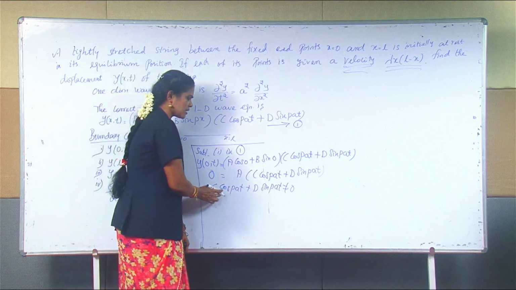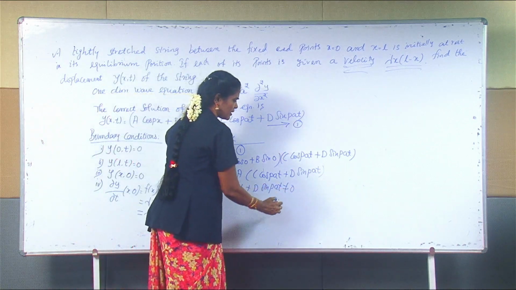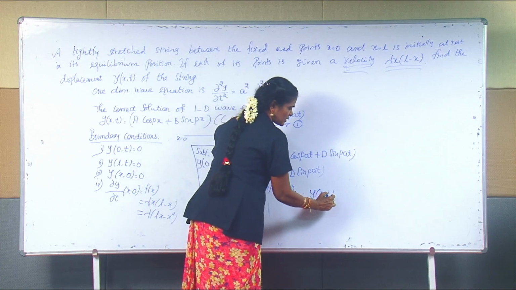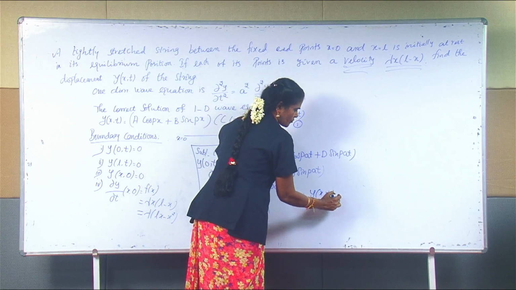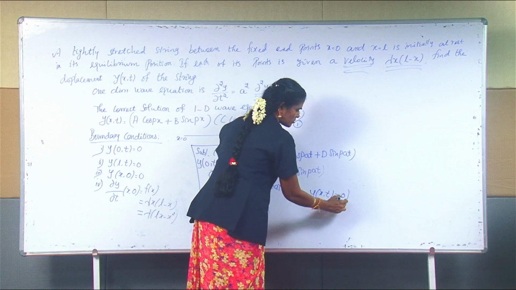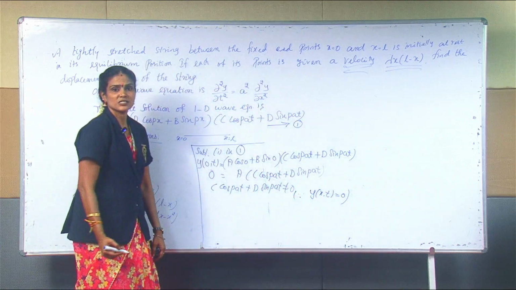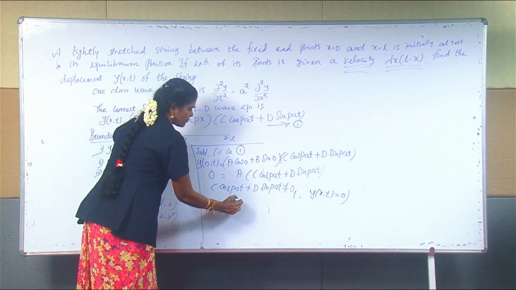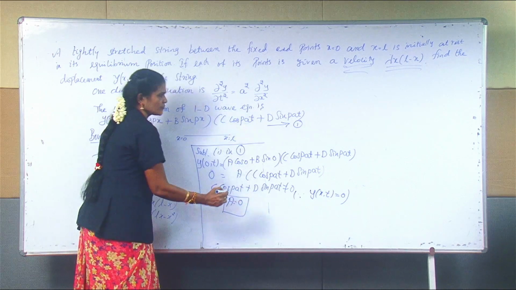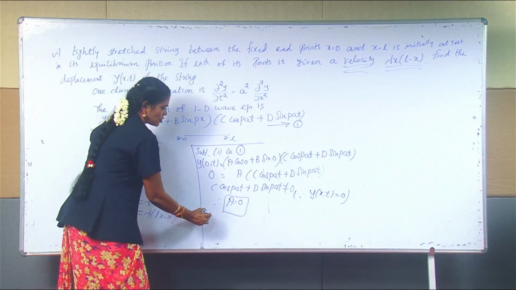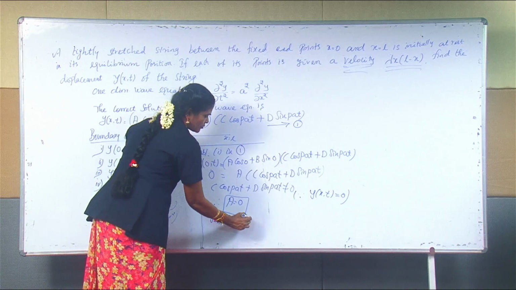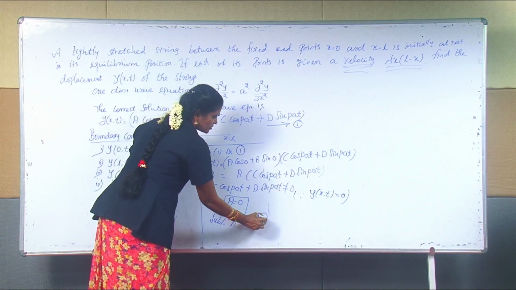That is why c cos pat plus d sin pat is not equal to 0, since y of x comma t is not identically 0. Therefore, only one possibility: a value is 0. So, substitute a value 0 in solution 1.